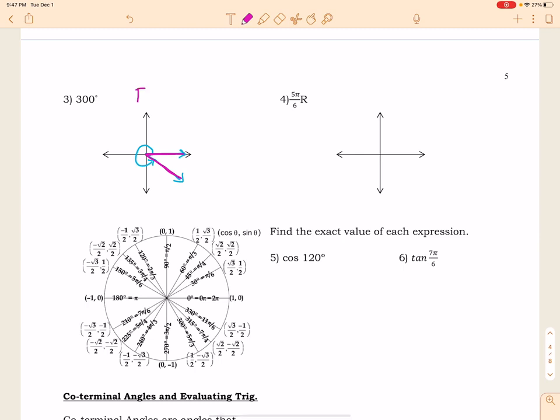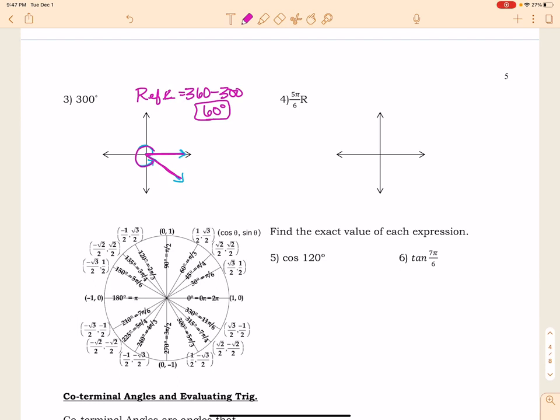So the reference angle is going to equal the whole circle all the way around, 360, minus this right here, which would be 300. So that's 60 degrees.